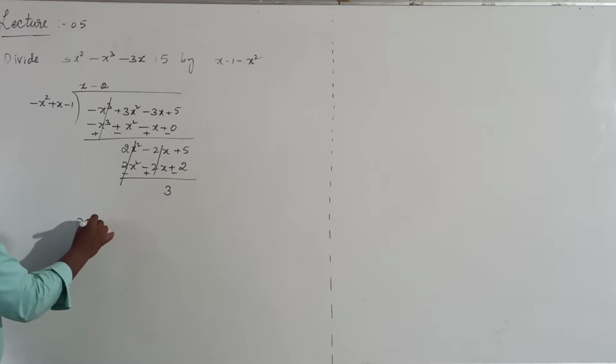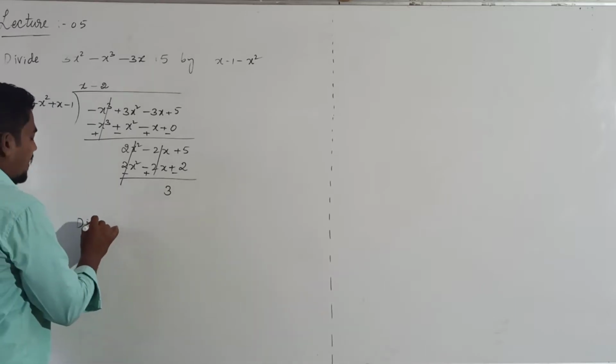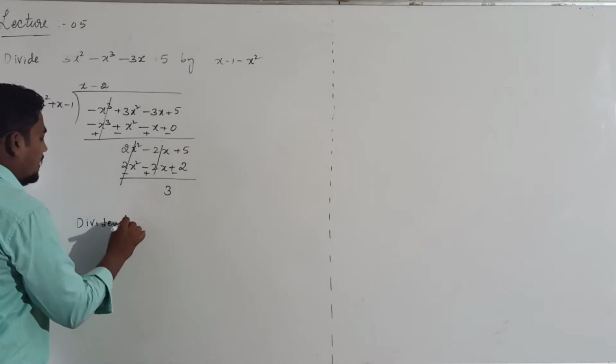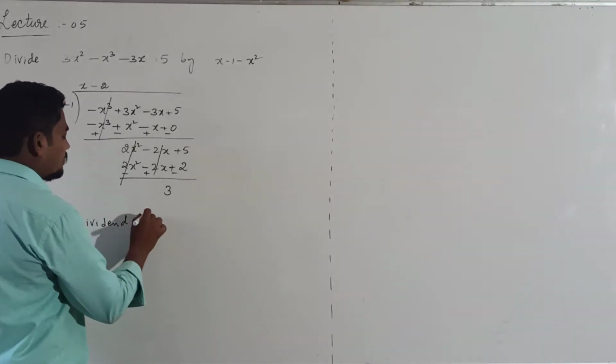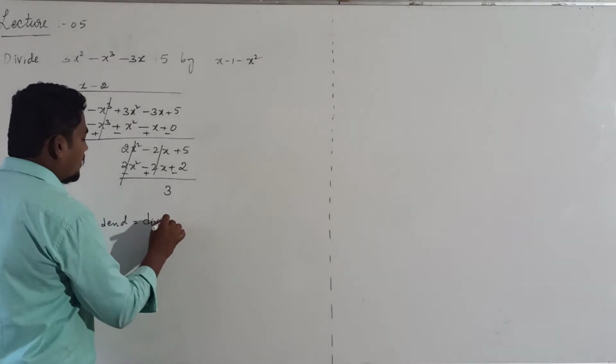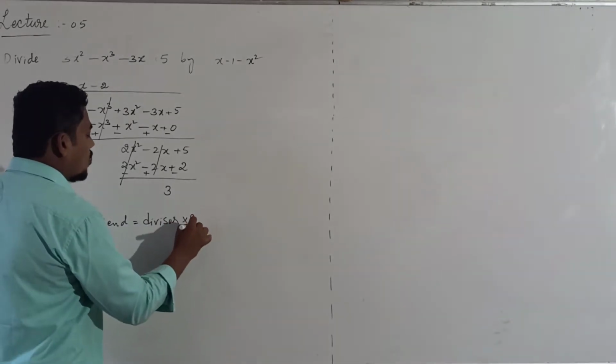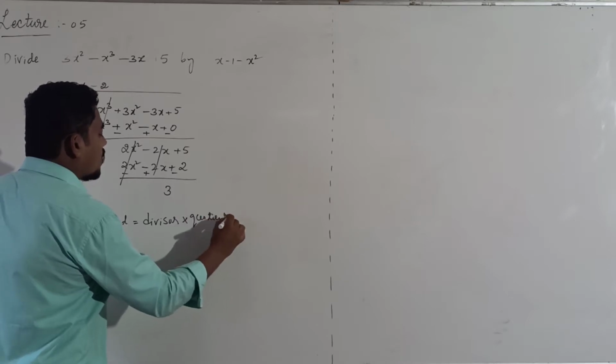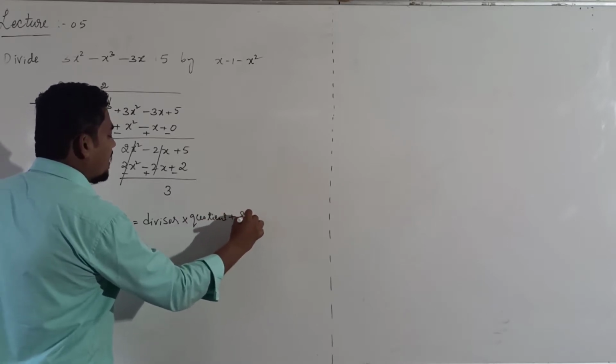According to the division algorithm, dividend equals divisor into quotient plus remainder.